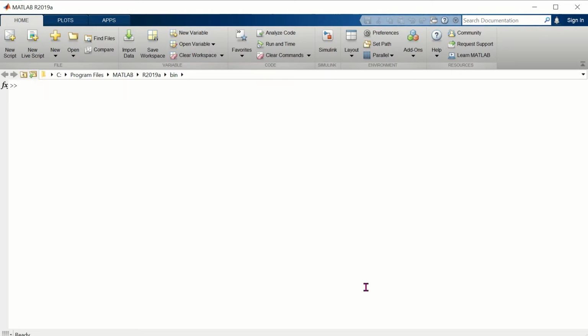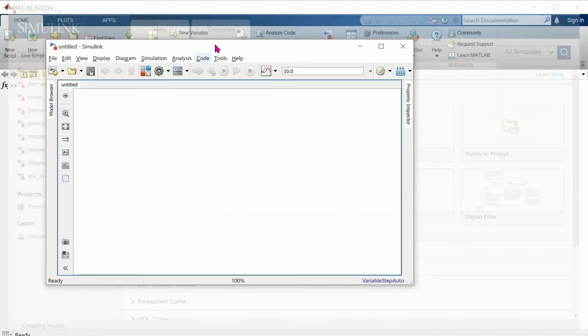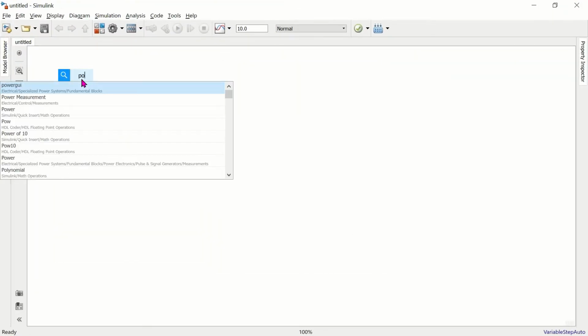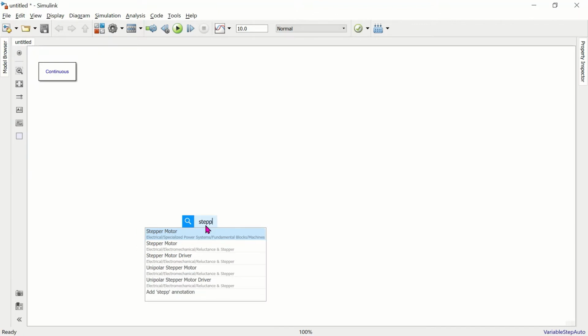For my simulation I'm going to use MATLAB Simulink, selecting a blank model. Stepper motor.